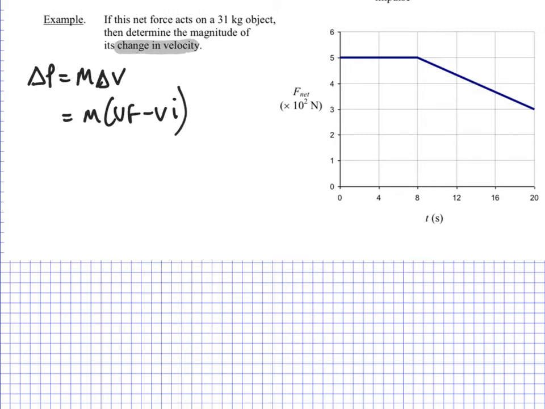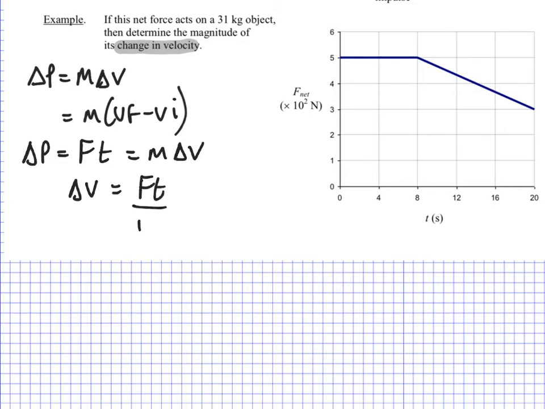So the other piece of this is the idea that a change in momentum, so let's write this again, a change in momentum is also force times time. So Ft is equal to m delta v. So if we're trying to find this change in velocity, we can say that the change in velocity is going to be equal to Ft divided by the mass.